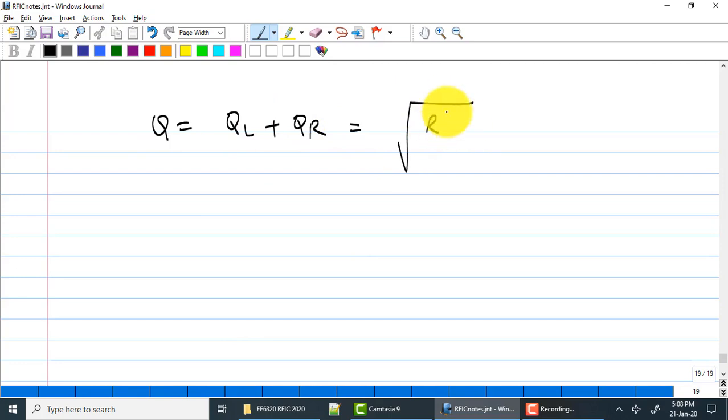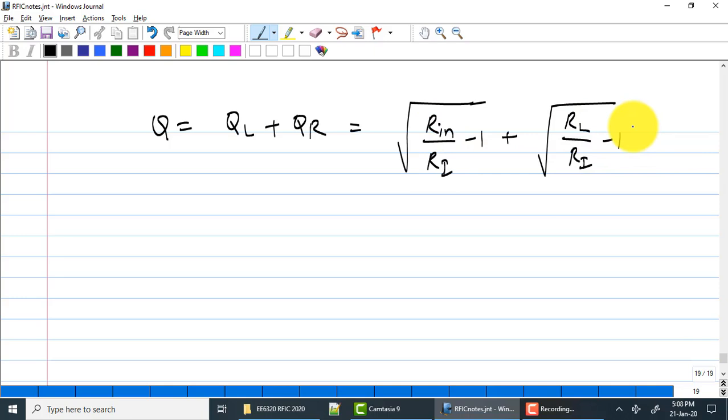We know that the intermediate impedance for a pi match is going to be smaller than the individual resistances, load or input resistances. So, root of Rn by Ri minus 1 plus root of RL by Ri minus 1, because each of those individual L matches from load to Ri is a step down transformation.